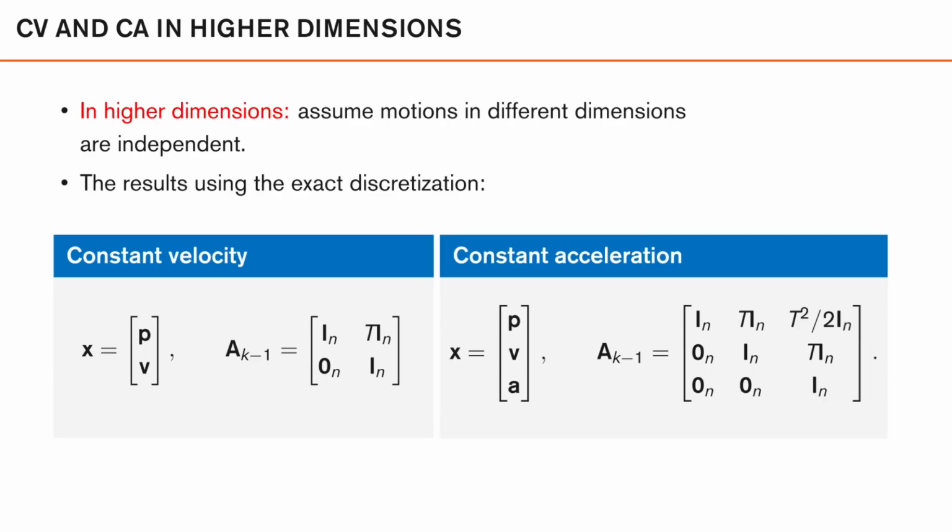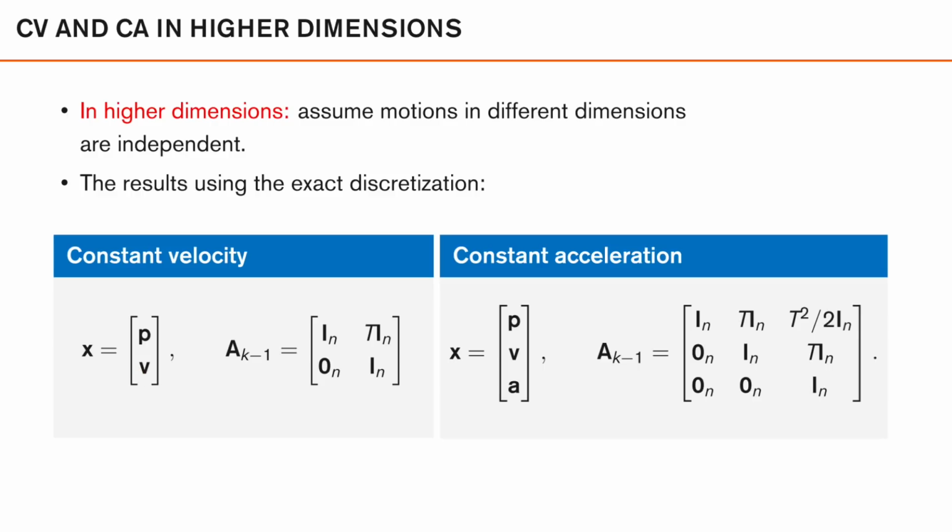We can generalize the constant velocity and constant acceleration models that we just seen to higher dimensions. If we assume that the motion in the different dimensions are independent, this generalization is essentially trivial. If we do it for the constant velocity model, we can stack all the position states in the beginning and then afterwards have all the velocity states in the different dimensions.